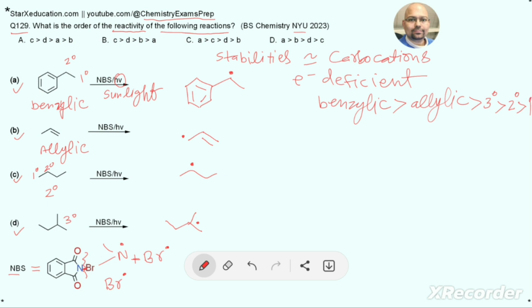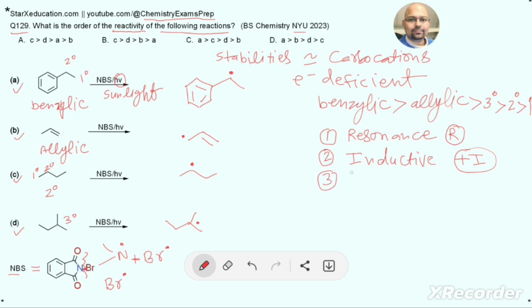So now the factors that affect the stabilities are 4 electronic effects. The first one is the resonance, which is the most important. The second one is the inductive effect. So plus I effect would stabilize the radicals just as the plus I effect stabilizes the carbocations.